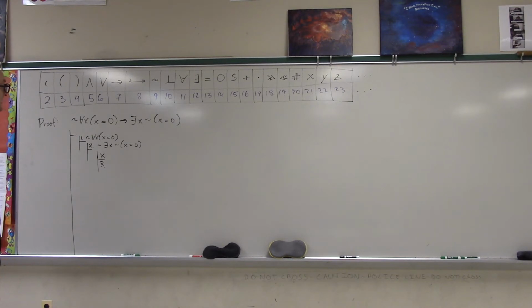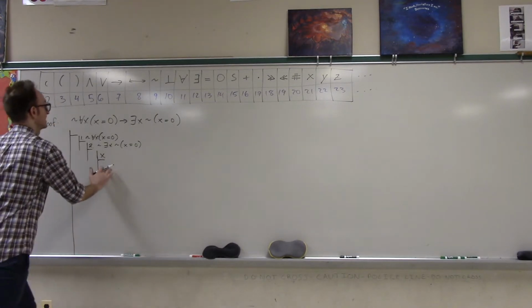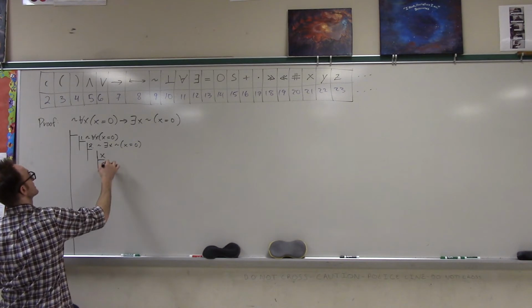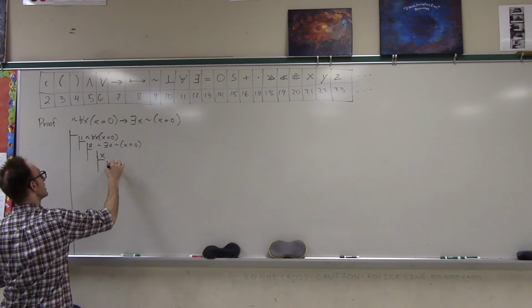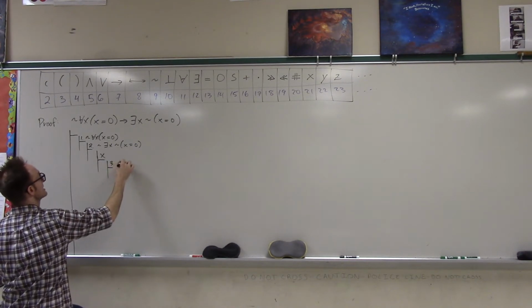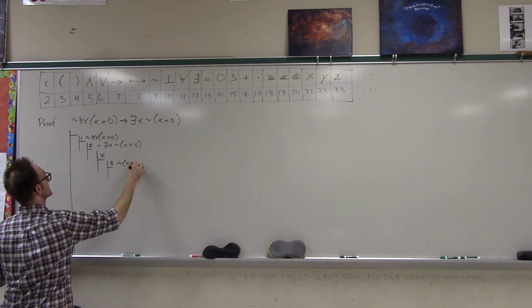And now, what next? Now, I'm going to show that x is 0. How am I going to show that x is 0? I'm going to suppose that it's not. So here in line 3, I'm going to suppose that it's not the case that x is 0.